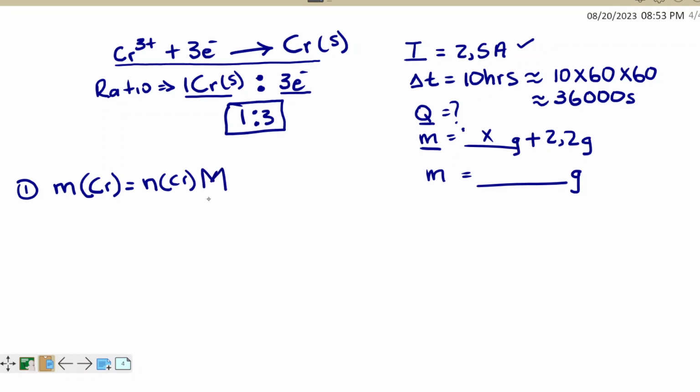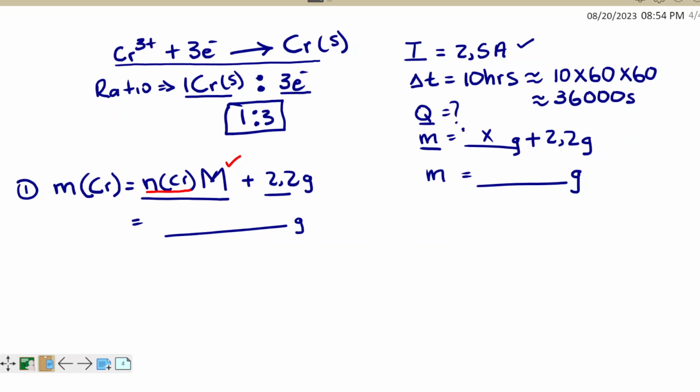Remember, this mass is what we are going to add 2.2 to, and then we will get our total mass in grams. But we need the number of moles of the chromium, because we already know the molar mass of the chromium from the periodic table.